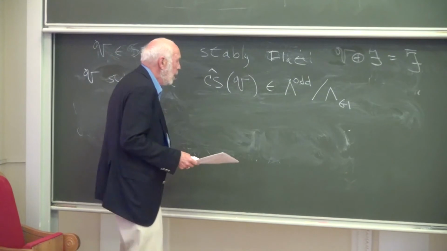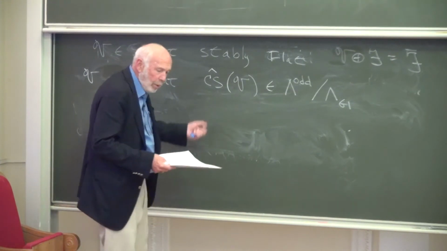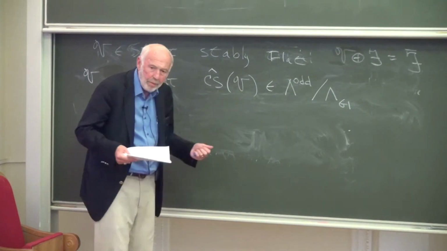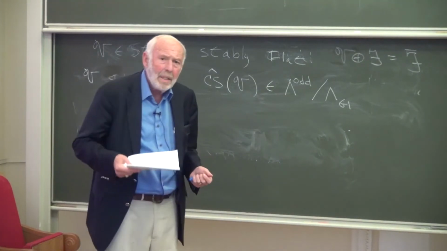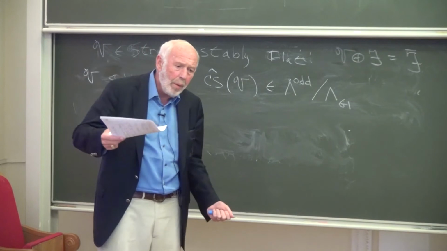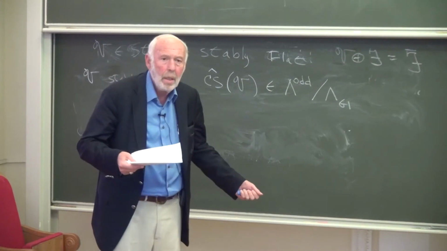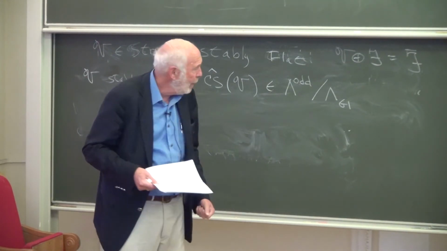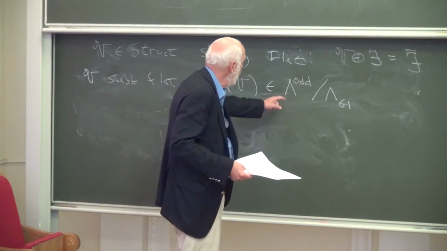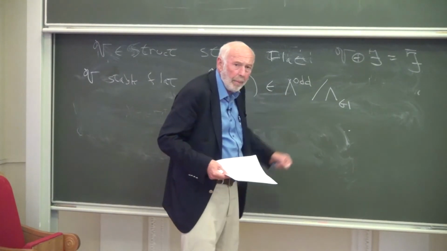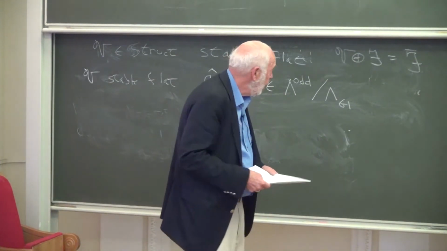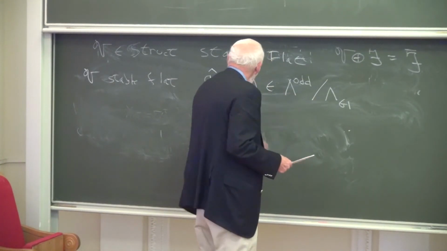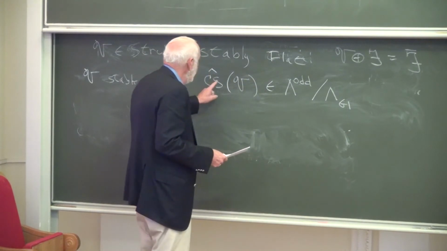Suppose it was actually flat. I take a connection, I take another one, they're related by a map into the group, and I'm going to get something in here when I take the CS term. So if I want to forget about these things, I can actually do this for all stably flat.